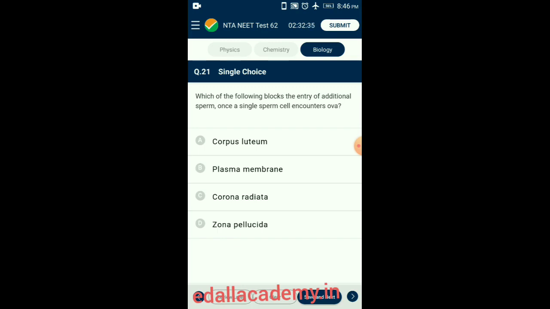The zona pellucida is the name given to a clear zone or region that surrounds the unfertilized egg and works to keep out additional sperm that hang around after the first union. It even stays close to the developing cells after fertilization to help out along the road to implantation in the uterus or womb. So the answer is option D, zona pellucida.